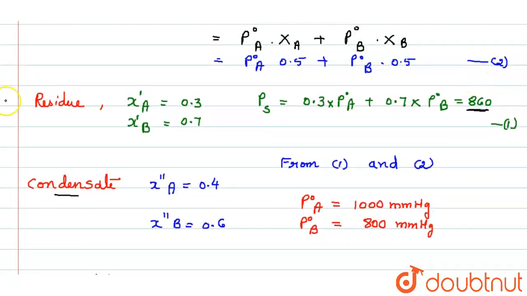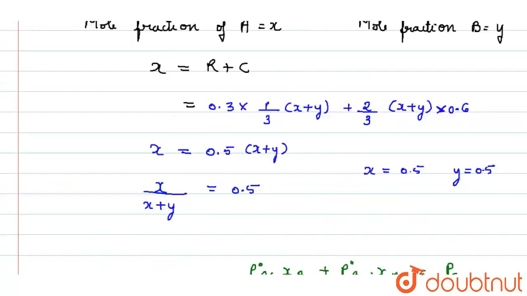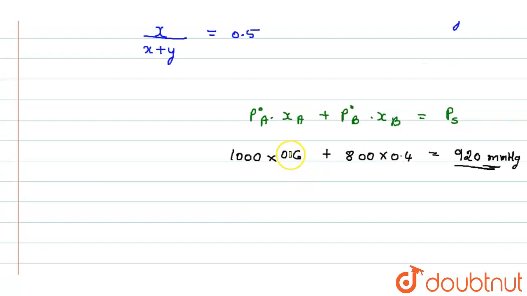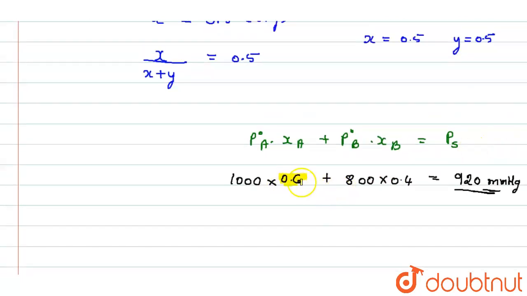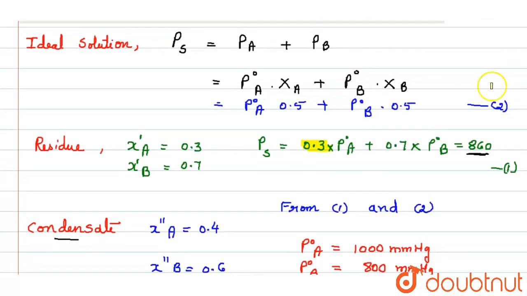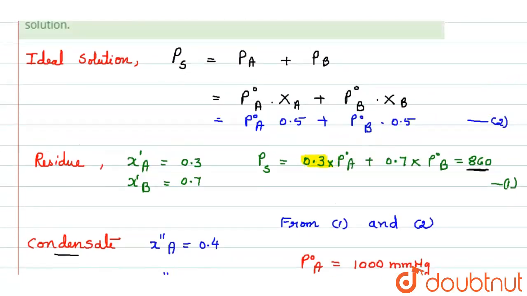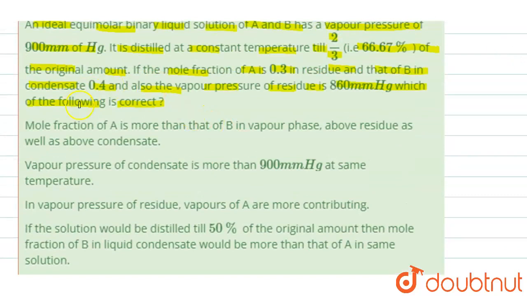So let's mark first residue and condensate. This is A, mole fraction of A in residue. In condensate, the mole fraction of A is 0.6. Okay, so in one of the forms, this is more. In the residue form, it is less. Means in both residue and condensate, it cannot be more.